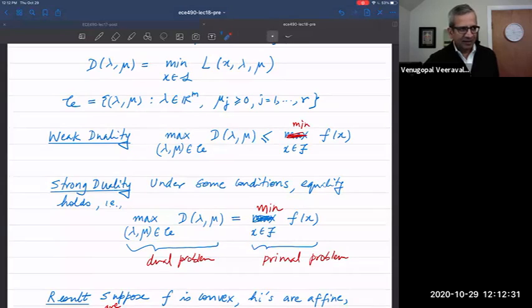Otherwise, those papers may not have made much sense to you. But hopefully now that we have covered duality, many of those papers where you apply optimization in your research areas at least make some sense to you. So then you could describe them in your own words.